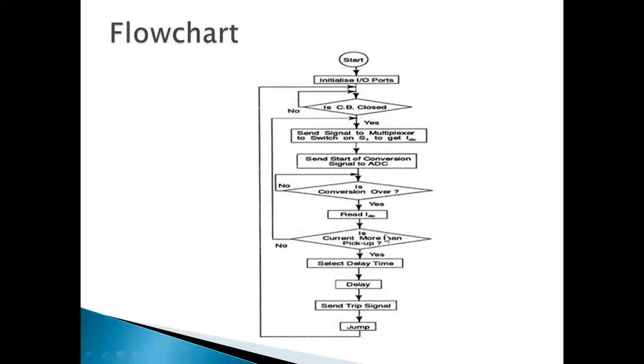Therefore, it is given to the select delay time, then delay is provided there, and it is sent to the trip signal. When it is sent to the trip signal, your circuit breaker will operate, meaning it will open its contacts.